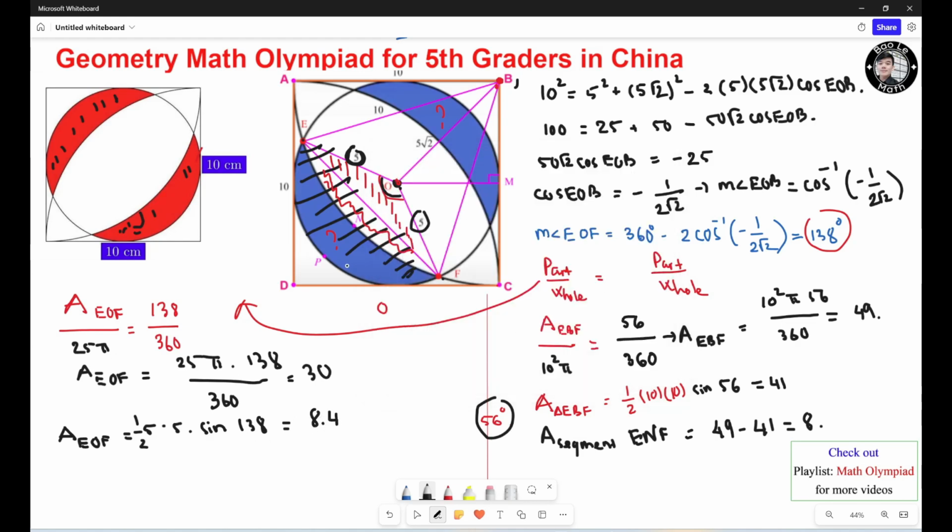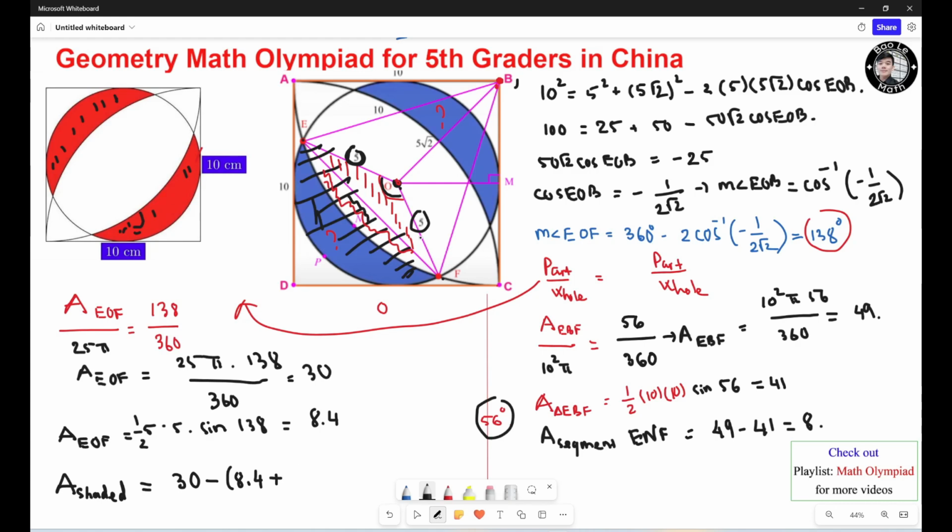Now the area of the shaded region is going to be equal to the area of the sector EOF, 30, subtract the area of the triangle right here, 8.4, and then subtract what else?